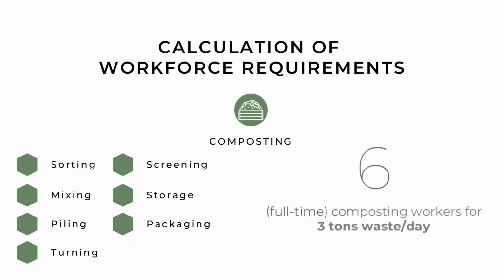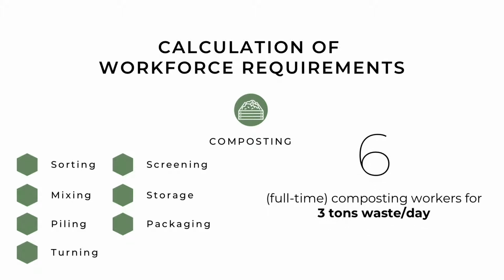As a reference, a composting plant treating 3 tons of waste per day requires 6 workers. Some of them should be literate, since the composting process requires reliable monitoring and recording activities, for instance, temperature, weight, and moisture measurements.